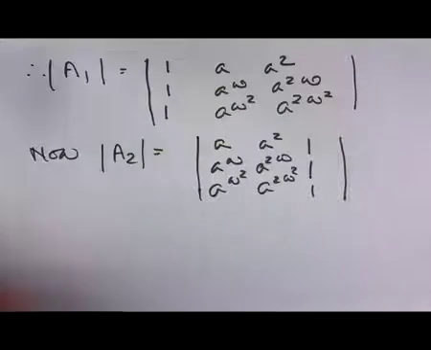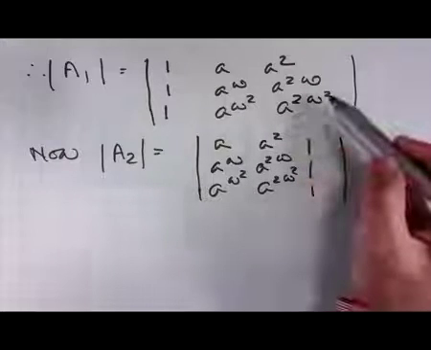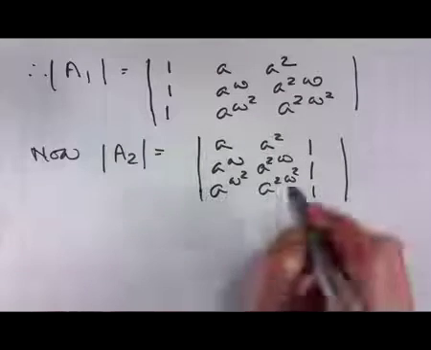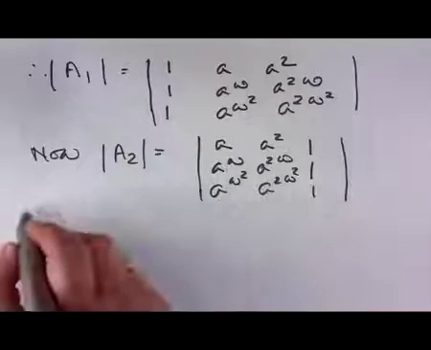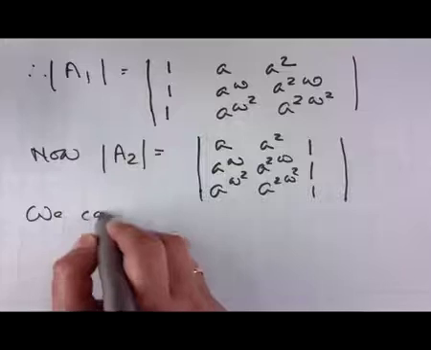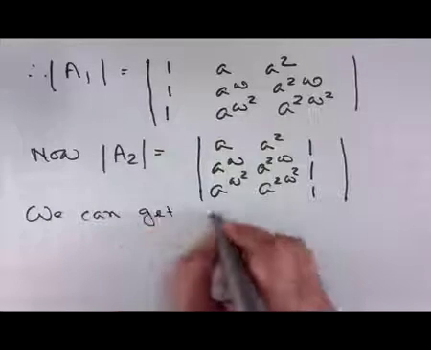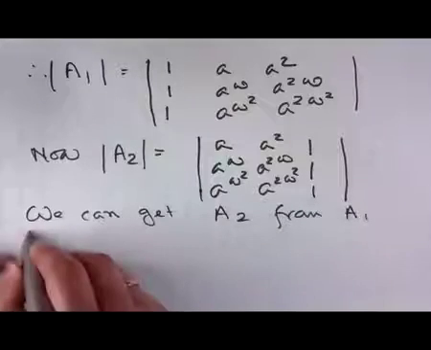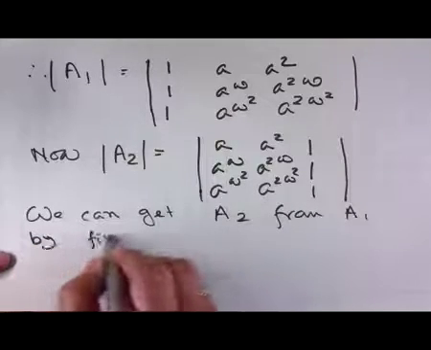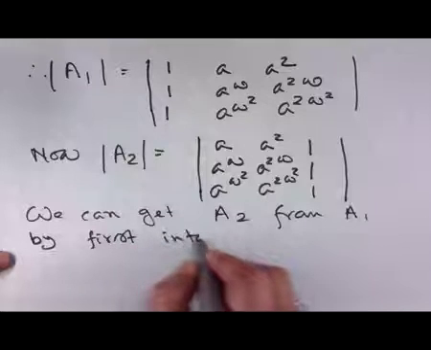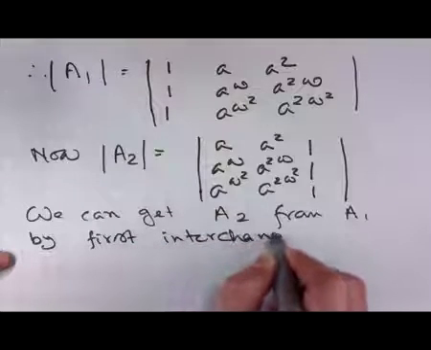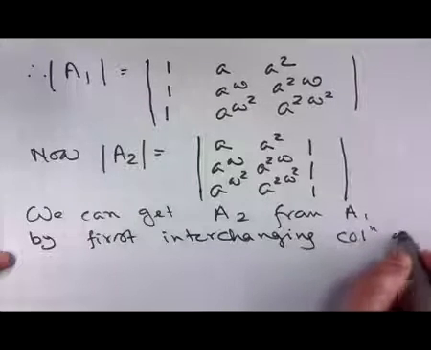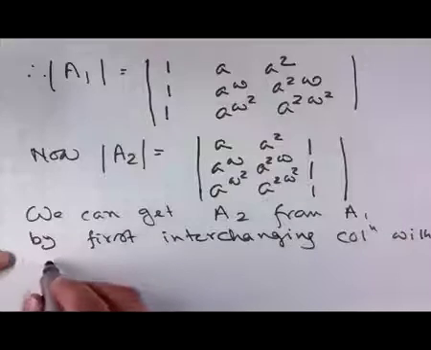Now, if we check matrix A 1 and matrix A 2, we find that we can get A 2 from A 1 by first interchanging column 1 with column 3.